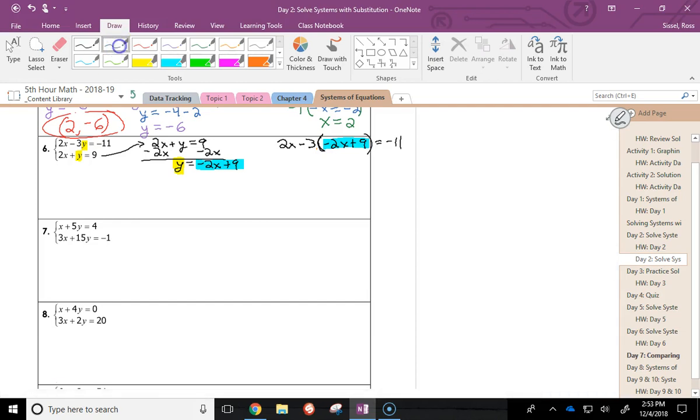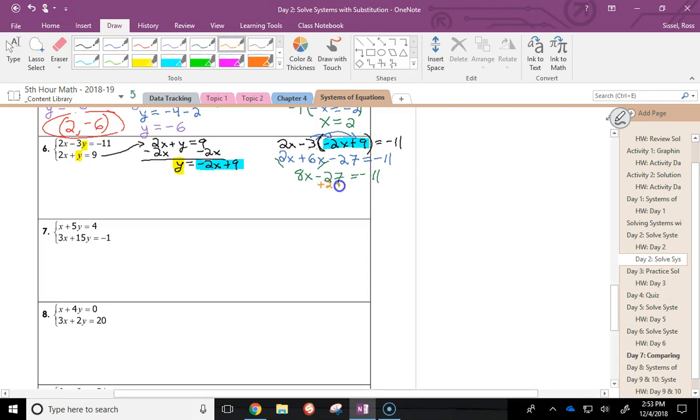Now I solve this equation. 4-step equation like we did in chapter 2. 2x, negative 3 times negative 2x is positive 6x. Negative 3 times 9 is negative 27. I look for like terms now. 2x plus 6x is 8x minus 27 equals negative 11.